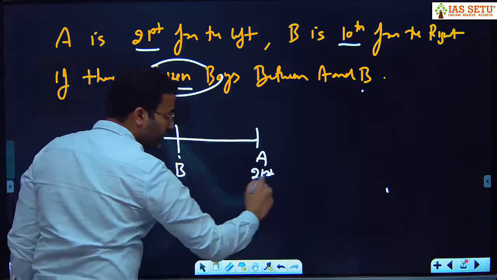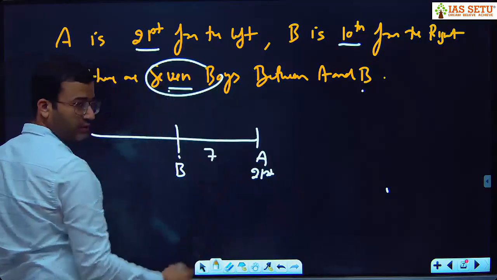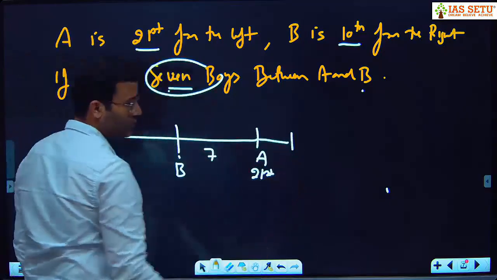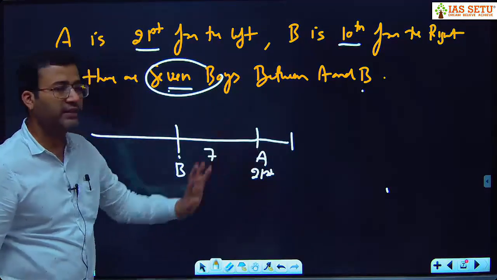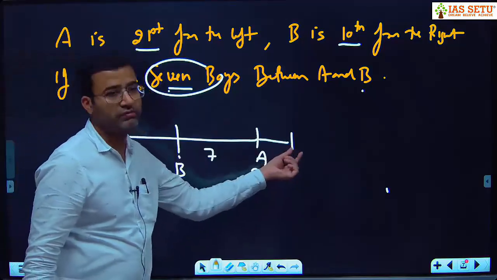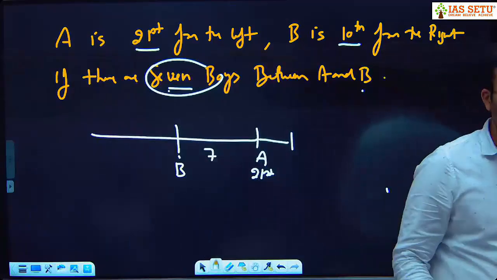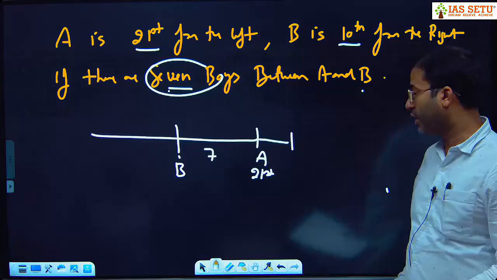It means we need 9 on the right side of B. 7 is already there, and the 8th one is A. You need 1 extra. I need total 9. 7, 8, 9. So that B will be 10th. So 21 plus 1, 22. What is minimum? 22. B को भूल जाओ. 21 plus 1, 22.